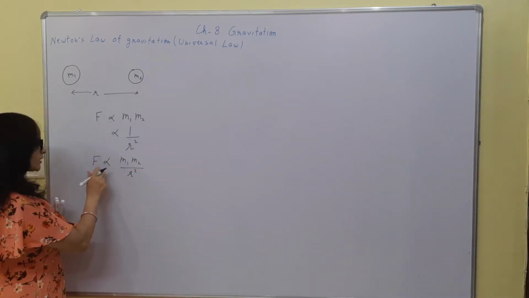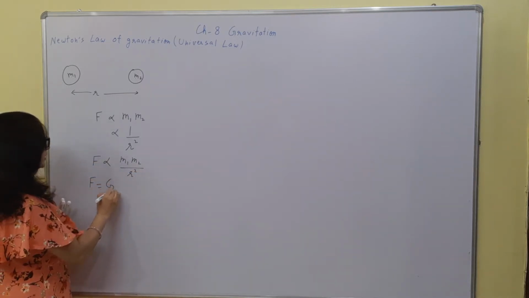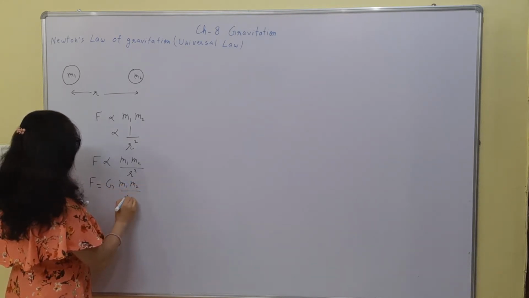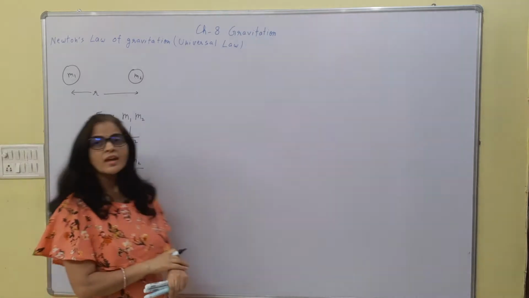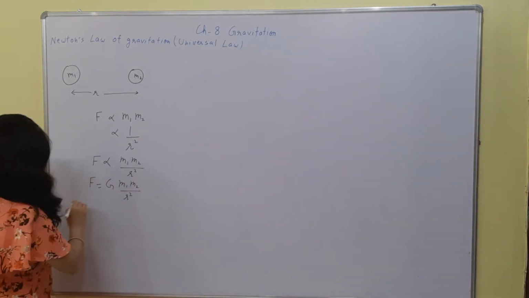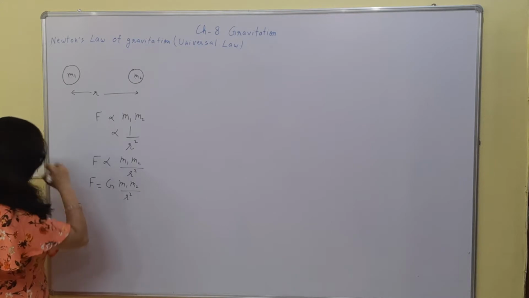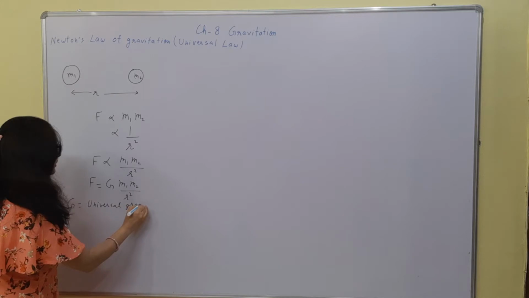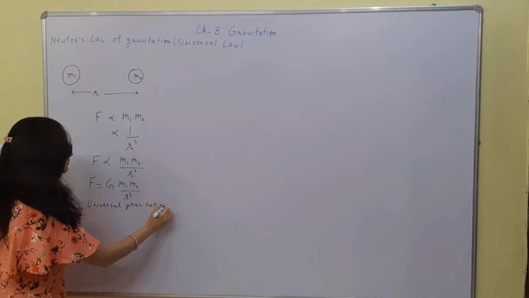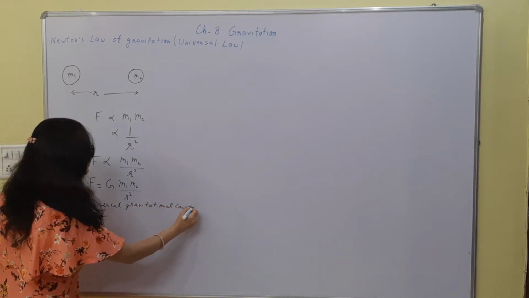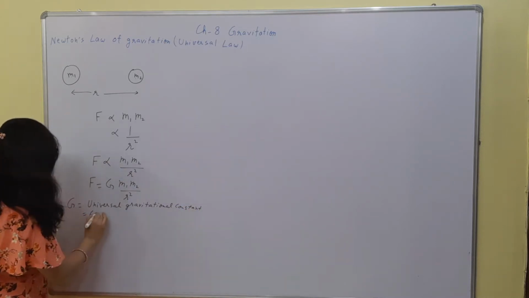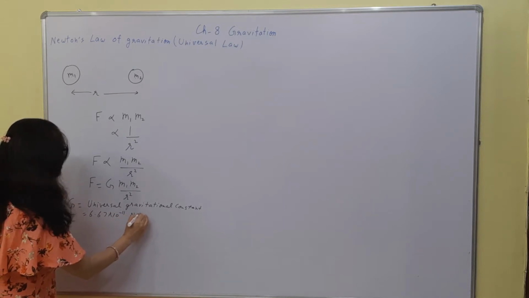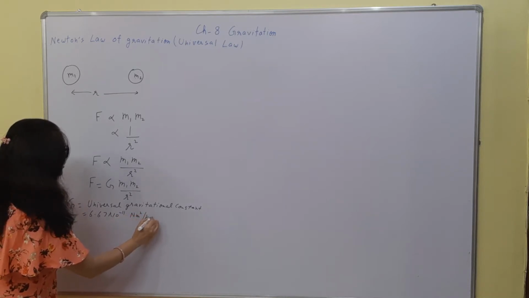right? And then on removing this proportionality sign, we will get a constant of proportionality, which is universal gravitational constant, G, and its value in SI system is 6.67 into 10 to the minus 11 Newton meter square per kg square.